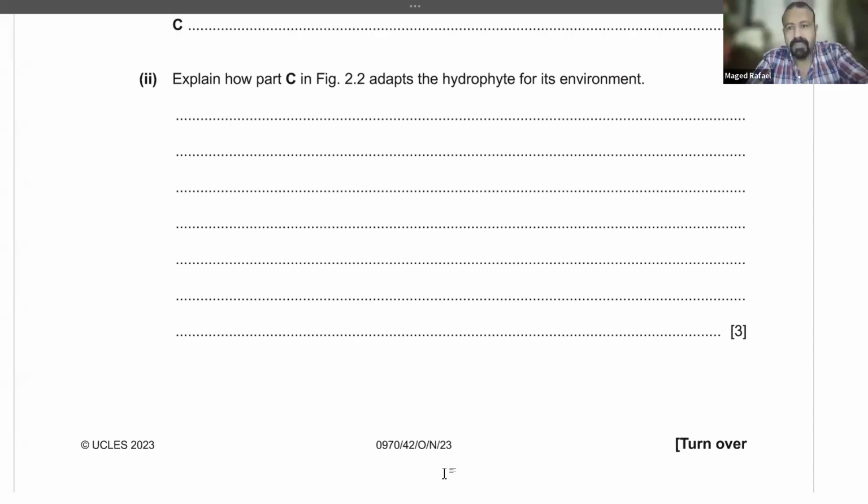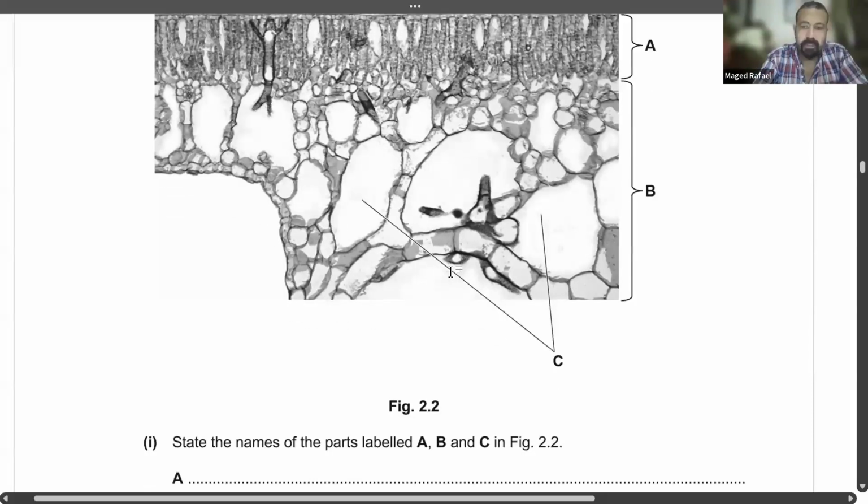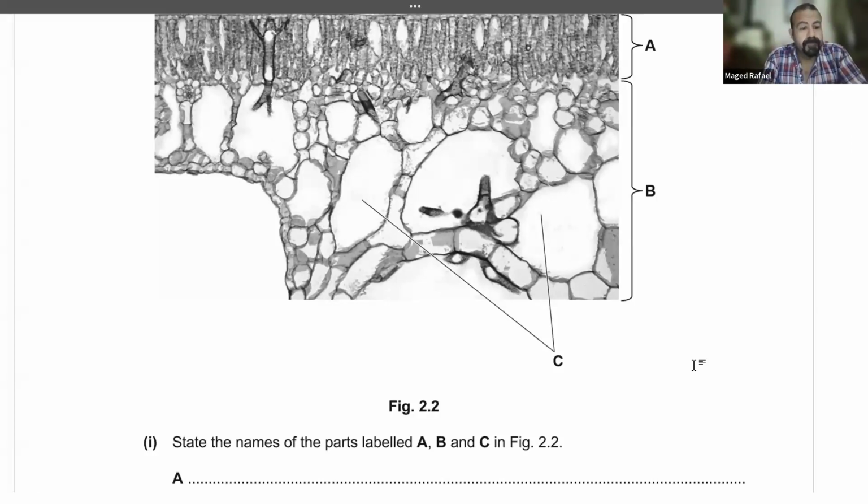If you want to see part C again, it is in front of you. Shady, do you think that we need in this part to talk about the size of the air spaces, the number of air spaces, and how it allows this plant to float? Because we need the plant to float on the surface in order to catch more light. What do you think?